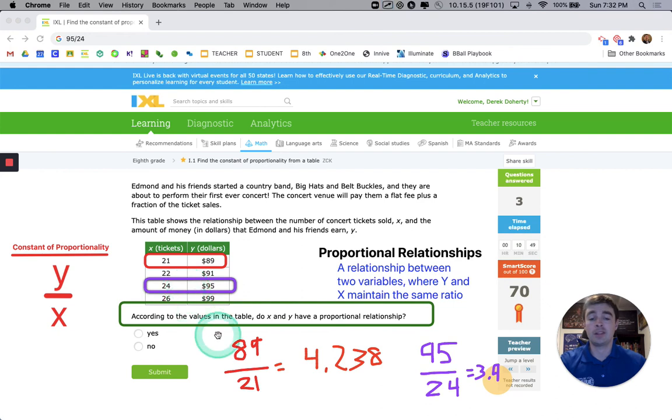And that tells me that this table is not a proportional relationship. Not because these decimals are messy or anything, but because the ratio is not staying at the same constant proportion. It's a different ratio at different points in time for this table. So this is something that's a bit more complicated than a proportional relationship. There's a little more going on here to determine the price.